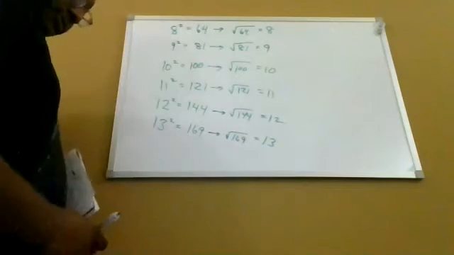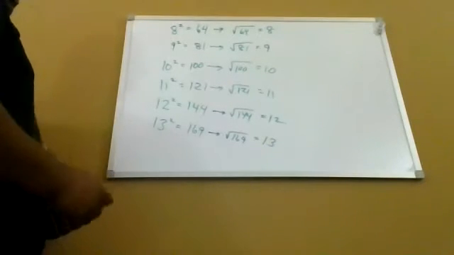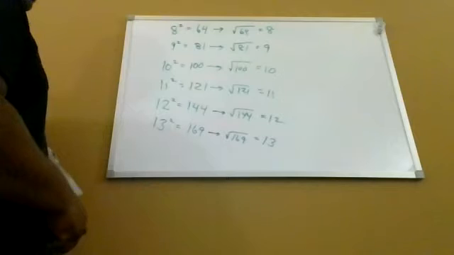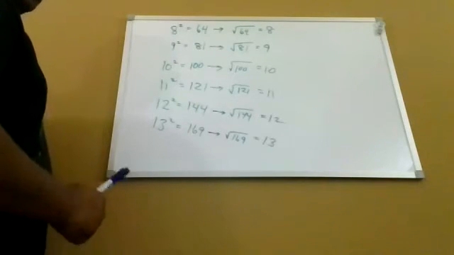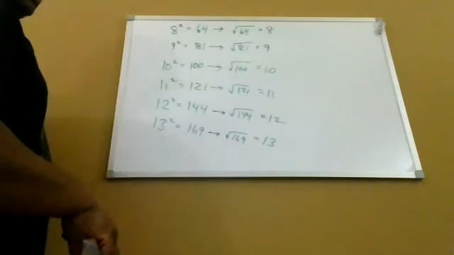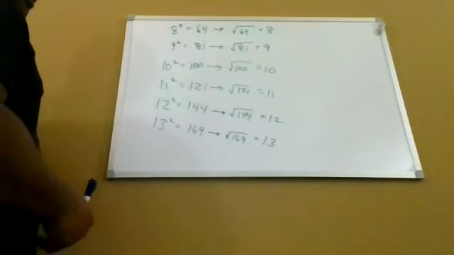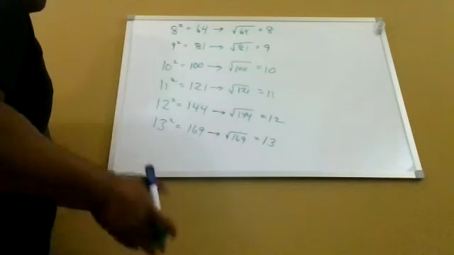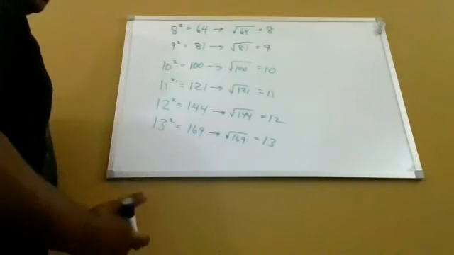Hope that makes sense. Hope that's clear, because we're going to be using these square roots when we introduce a future topic of Pythagorean theorem. You may have heard that stuff before, but we're going to be using squares, taking square roots.